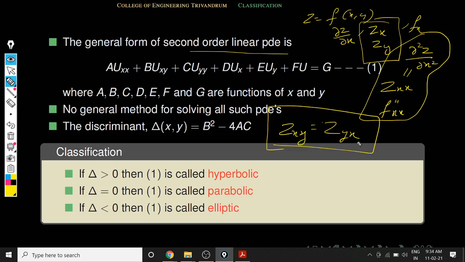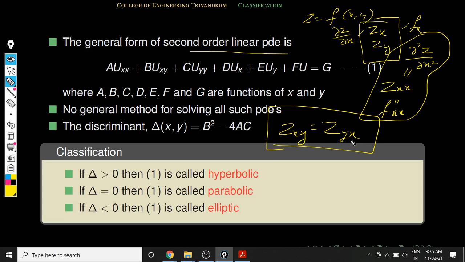Zyx means first you differentiate with respect to x, then differentiate with respect to y. In general they are not equal, at least in theoretical interest, but in our practical situations they are always the same. So that's why in our study we assume that these two derivatives are the same.